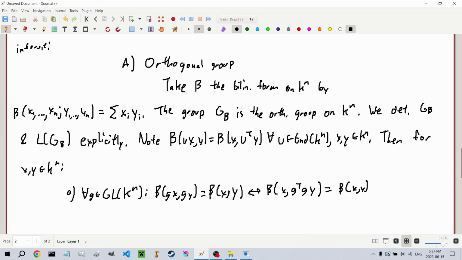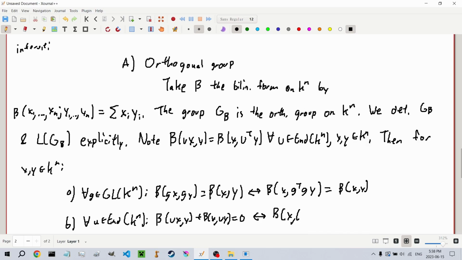And secondly, for all u in the endomorphisms of k to the n, beta of ux, y plus beta of x and uy being 0 is equivalent to beta of x and u transpose plus u of y being 0.